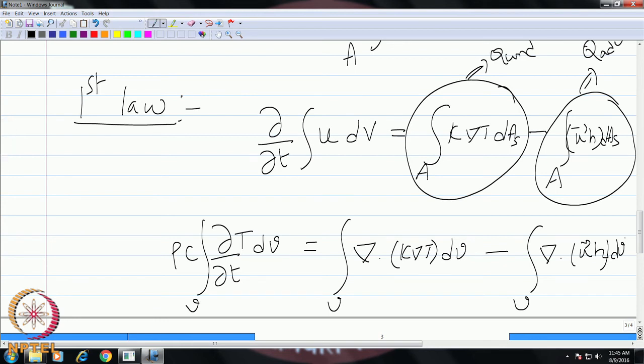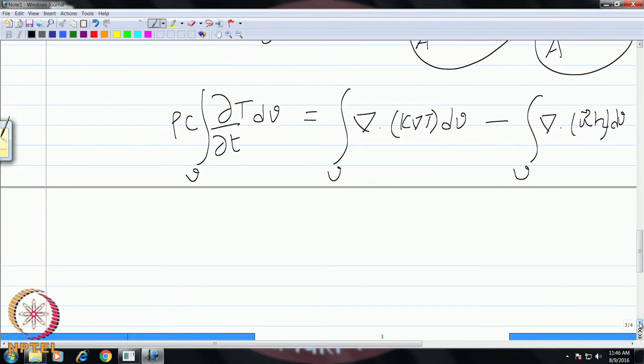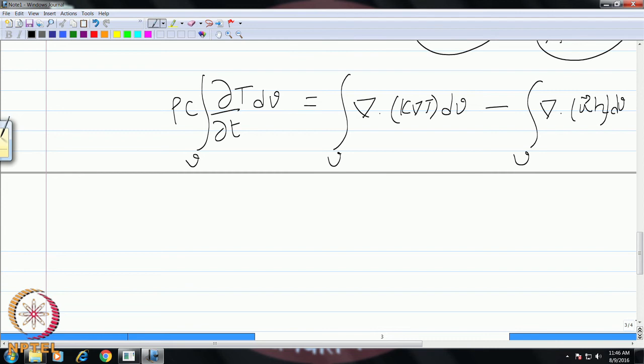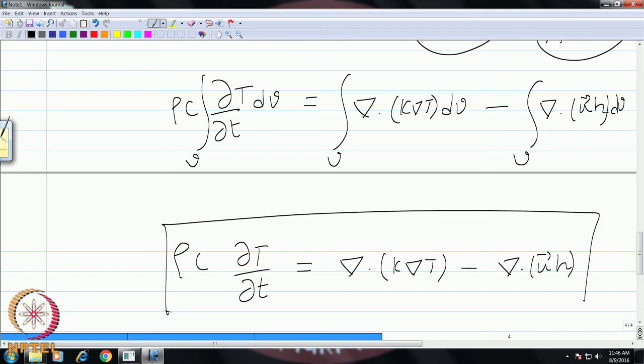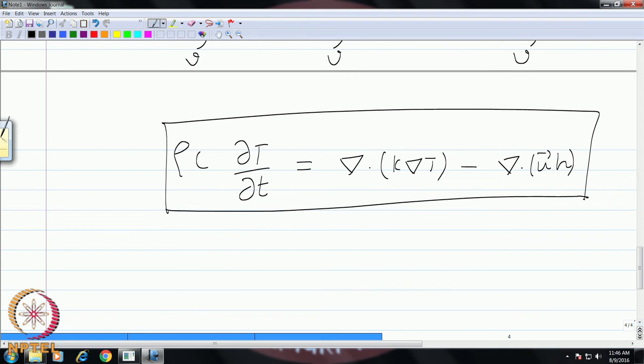Is that okay? Now I can club these together, equate this to 0, and therefore the integrand has to be 0. This will give me the differential equation rho c dT by dt equal to del dot k delta T minus del dot u h. This is my conservation of energy in the presence of flow, that is, for an open system.